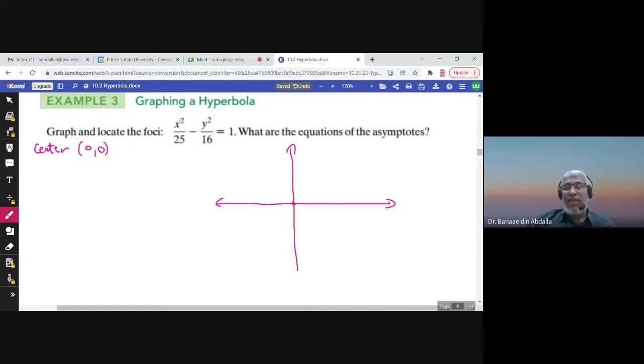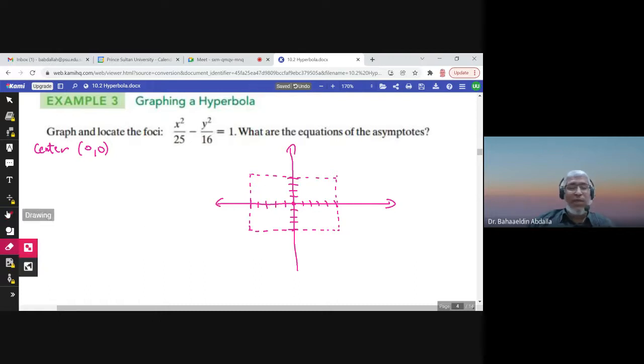This is x squared, 5 units to the right, 5 units to the left. 16, 4 units up, 4 units down. And draw dashed lines. Draw the rectangle. This is the fundamental rectangle.